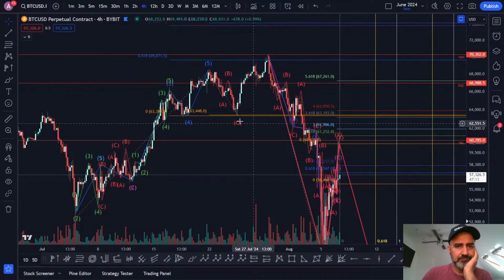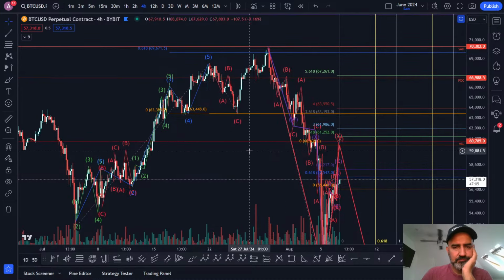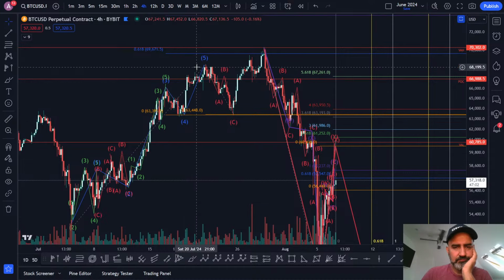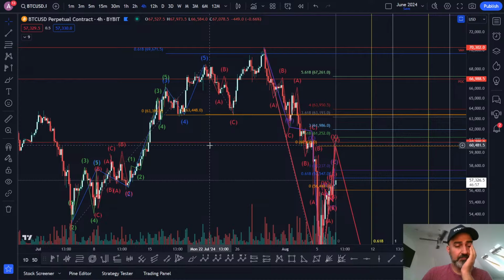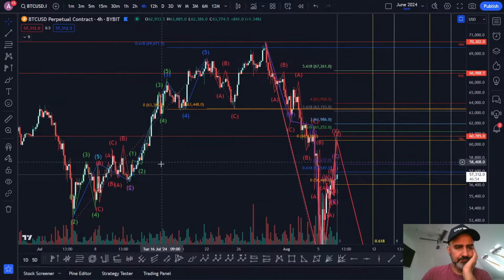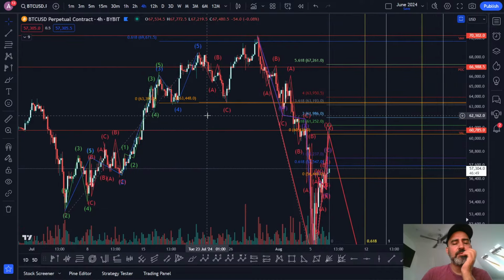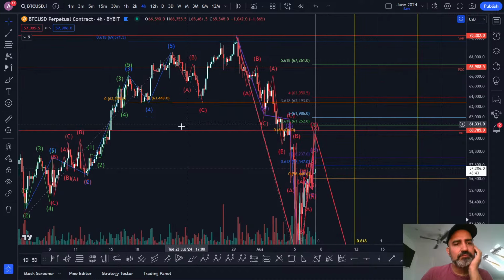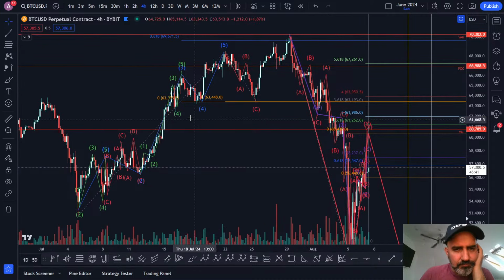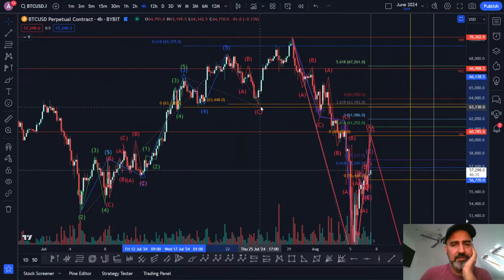Hold on. Higher low, 4, 5. Okay. So what actually happened here? One, two, three, four. Right. Let me just adjust this so it's correct, okay? Because I can see it's not 100% correct.